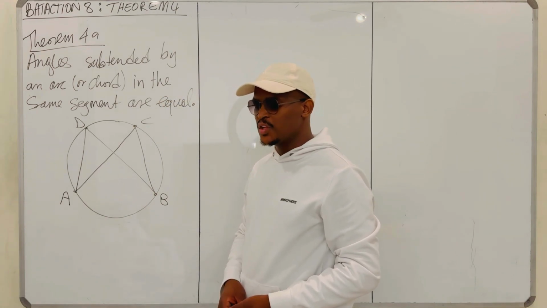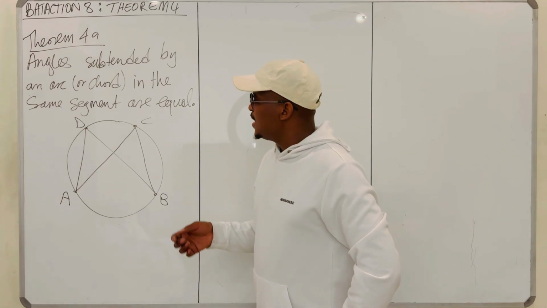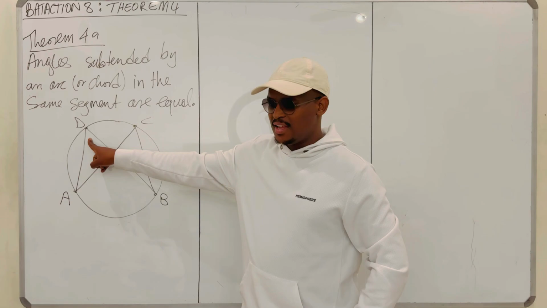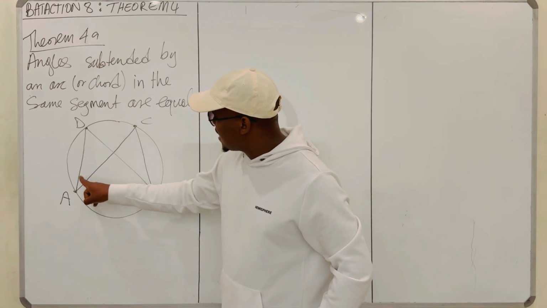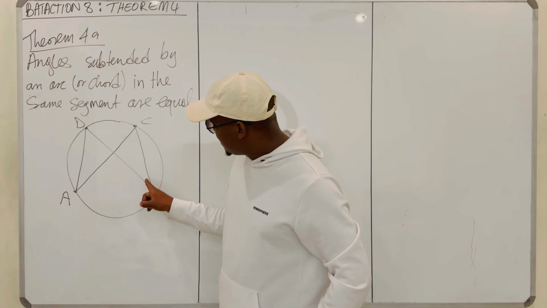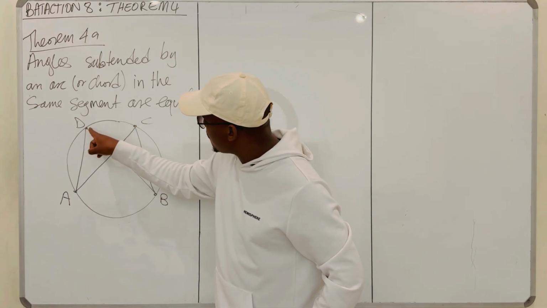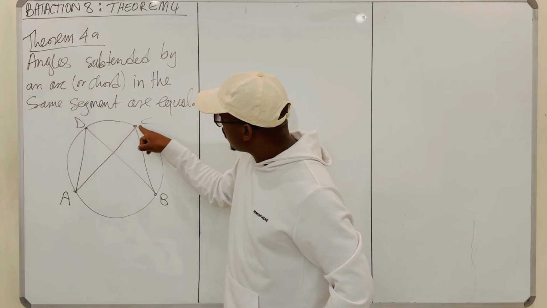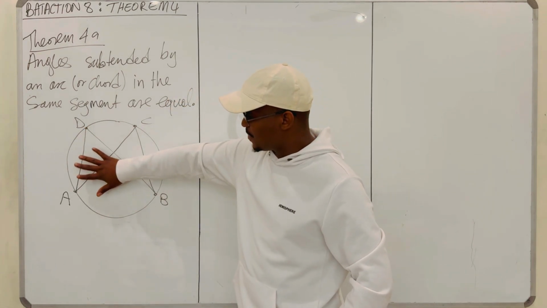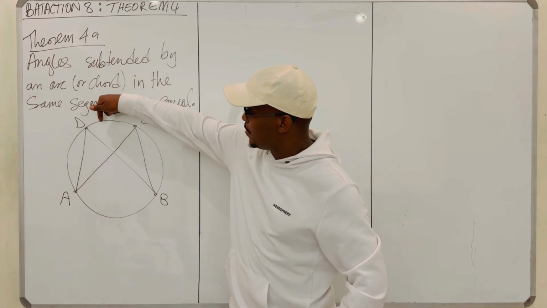So angles in the same segment are equal, which means angle C is equal to angle D. And looking at angle B and angle A subtended by your arc DC, these two angles are equal because they are both subtended by the same arc DC on the same segment, which is the lower segment, the major segment, if you're looking from that side.